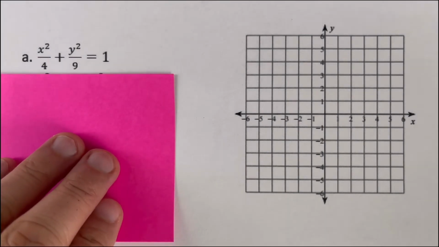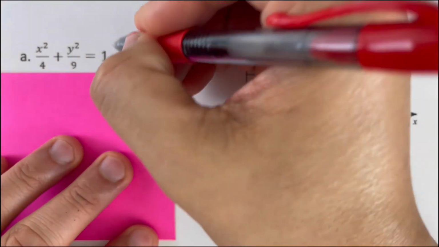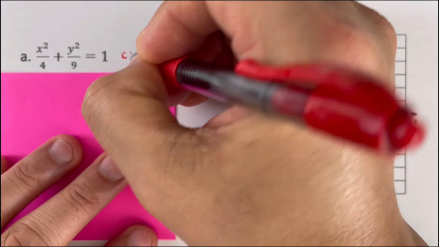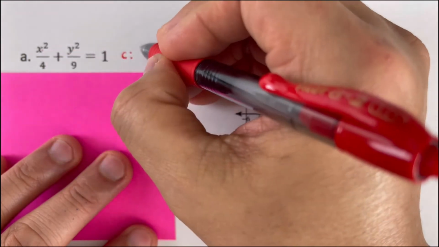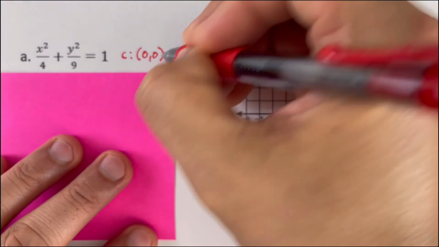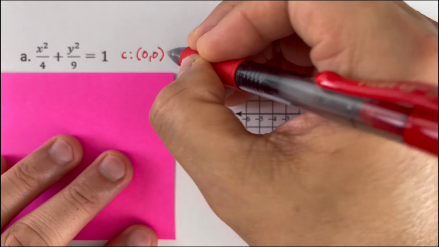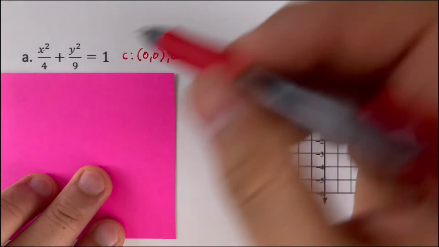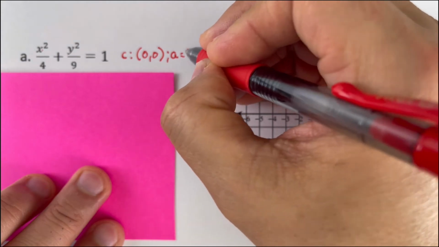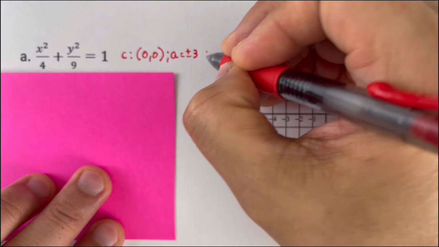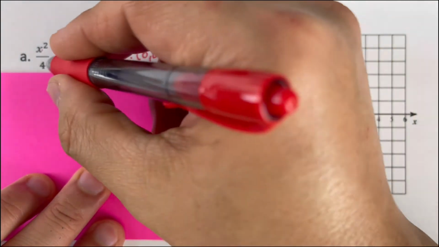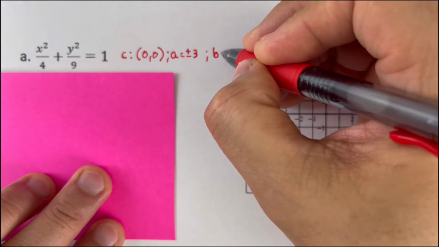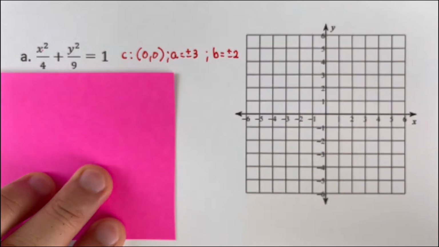So let's start with the first one. The center for this ellipse is at 0, 0. So I'm just going to write that as 0, 0. Our A value here would be the bigger number, and we get the square root of that. So that would be plus minus 3. And then the B value that we have here is the square root of 4. So that would be plus minus 2.